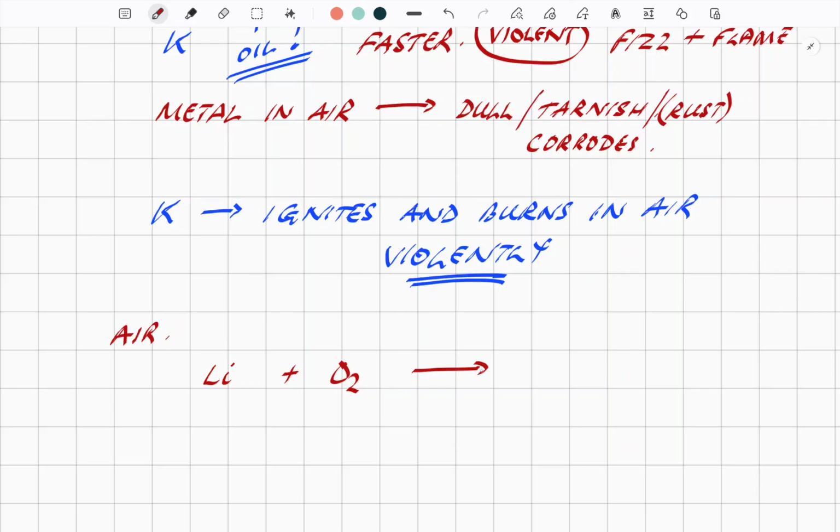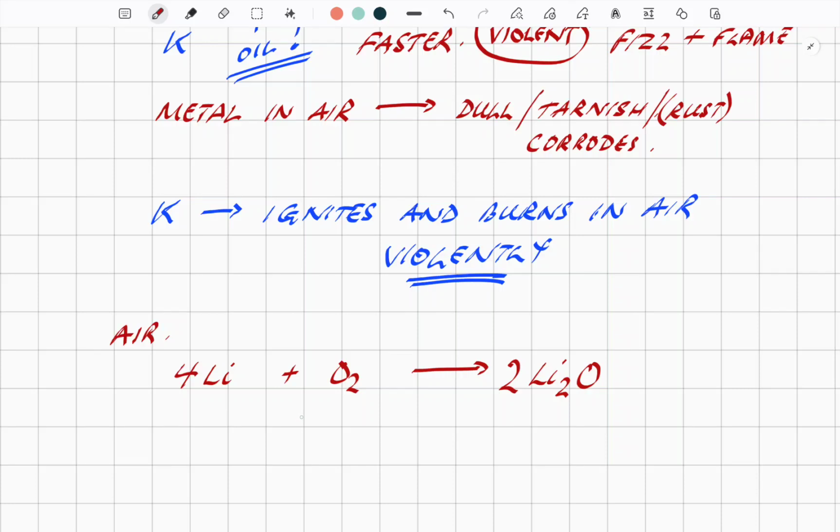And they produce an oxide, lithium oxide, so Li2O. For each oxygen, you need 2 lithiums because it's group 1 and oxygen has 2 bonds. So effectively, you're going to need 4 of those, 2 of those. Does that make sense?